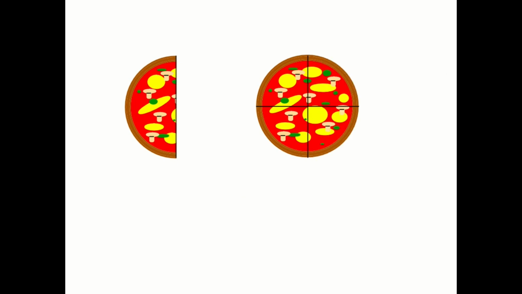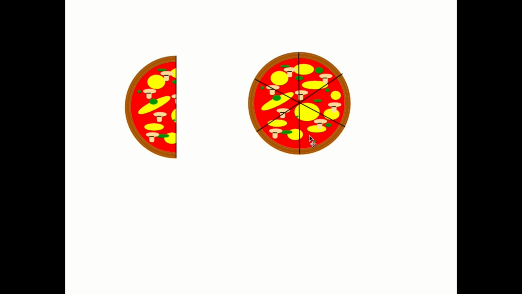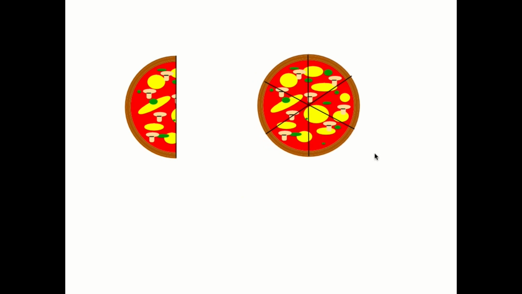It's exactly the same scenario if you had that pizza and you split it into 6 equal pieces. And if in the canteen you were given 3 of those 6 equal pieces, you'd still be getting half a pizza.